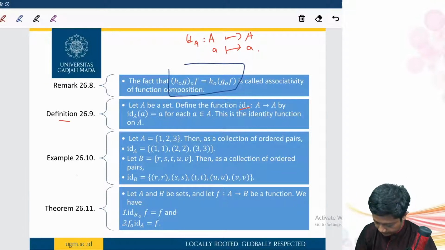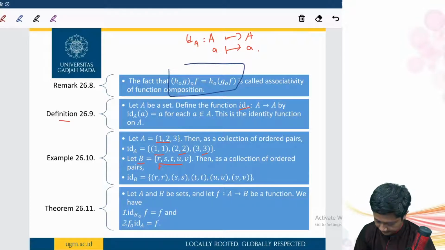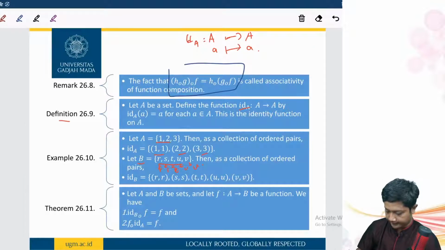For example, from here we have 1 to 1, 2 to 2, 3 to 3, right? So whatever we have here, 1 goes to 1, 2 goes to 2, 3 goes to 3. Or if we have this B, r, s, t, u, v, then r goes to r, s goes to s, t goes to t, u goes to u, and v goes to v. So this is the identity function.